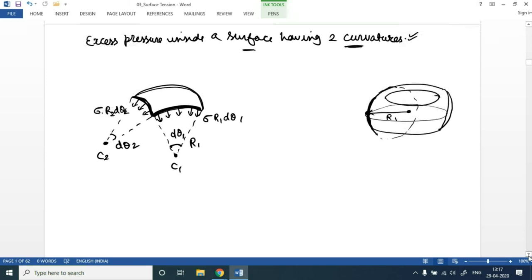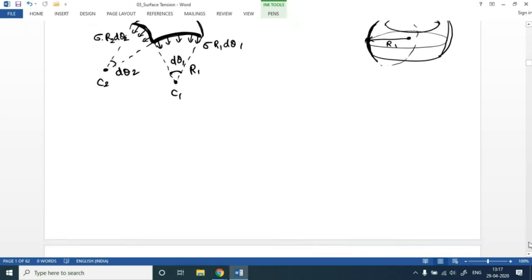Let's take another view of this. If we have a front view, this is how the curvature of radius r1 will look. So this is r1 and this is d theta 1. A surface tension force will be acting, this force from this side, so that is sigma r2 d theta 2, and this is also sigma r2 d theta 2.